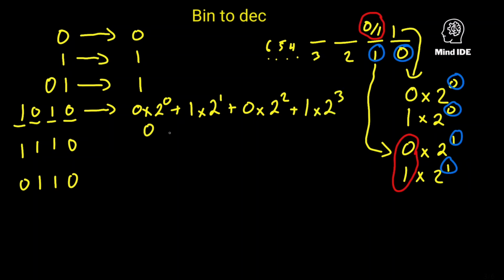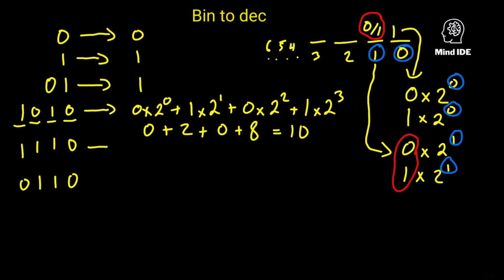So that's 0 plus 2 plus 0 plus 8, which is 10. So that's how you convert this 1010 into a decimal number.